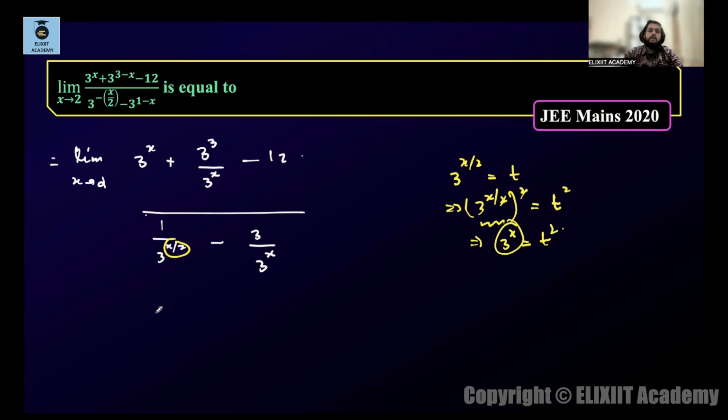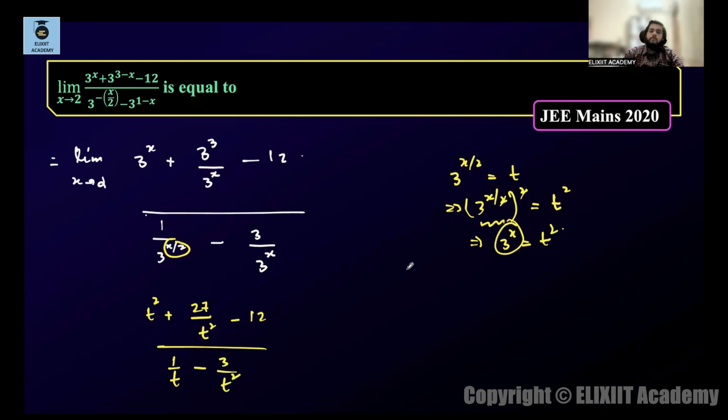So now you can simply transform this in terms of t. This part is t square plus 3 cube, so 27 divided by 3 raised to the power of x, which is t square, and minus 12 divided by 1 upon 3 raised to the power of x by 2, which is 1 by t, and minus 3 upon t square.